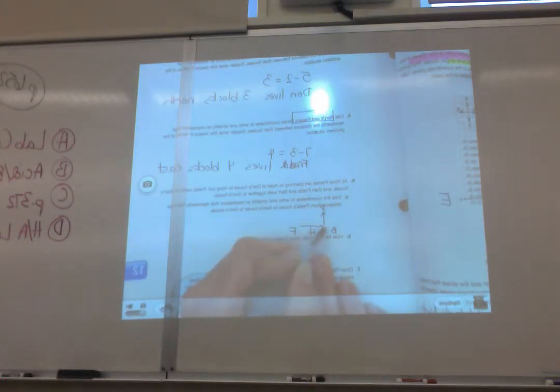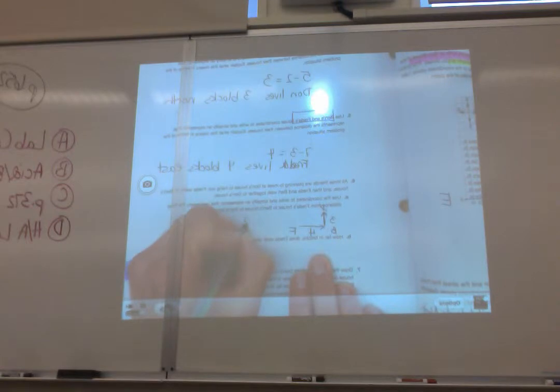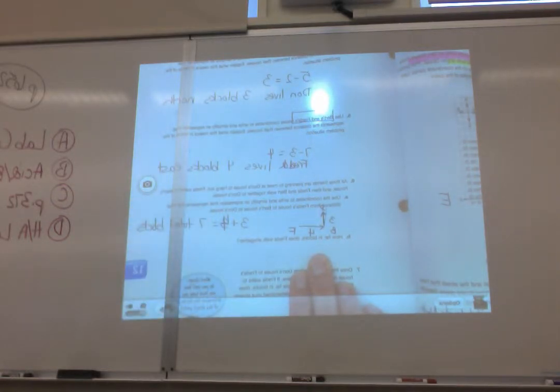How many blocks is it after they have to turn and go up together? 3. What are we going to have to do to figure out the total distance that they walk? You gotta add them. So 4 plus 3, I think it's 7. 7 total blocks. That's a long way.